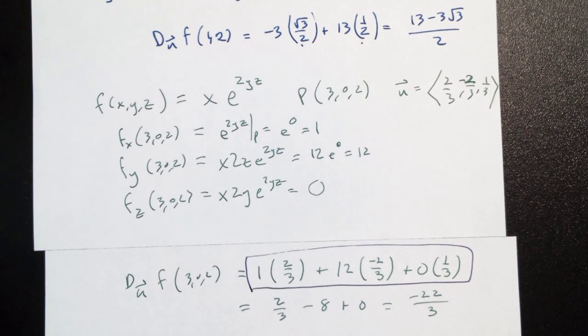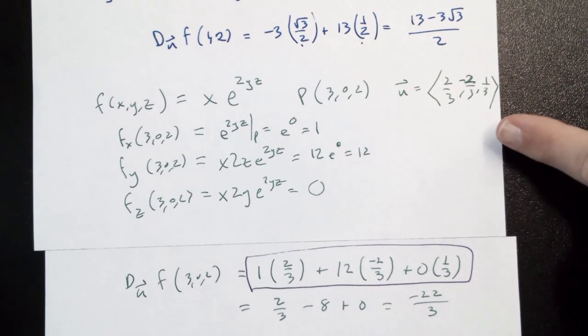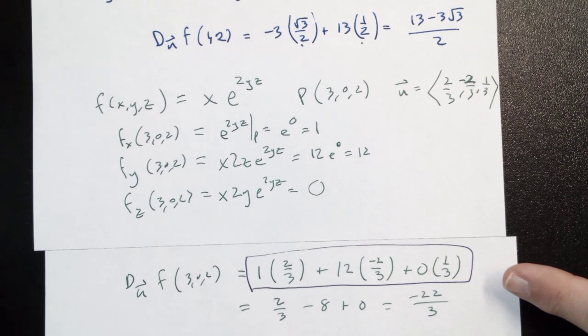I've seen that thing before. Number times number plus number times number plus number times number. What is that boxed expression? Think vectors. We have a unit vector here. Where does something like this come from when I'm doing vectors?